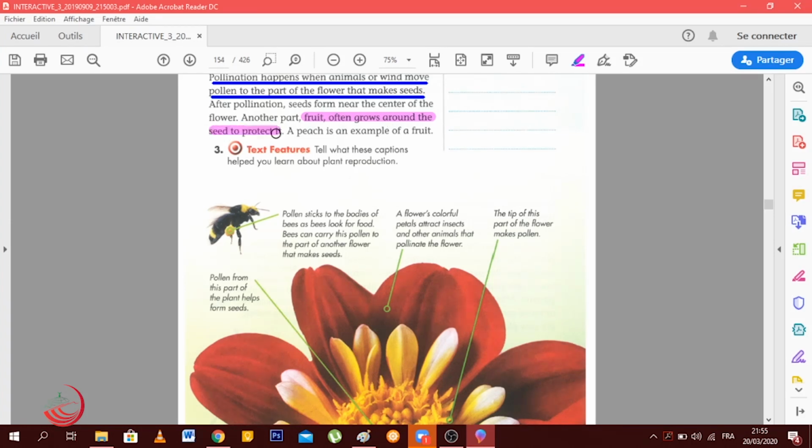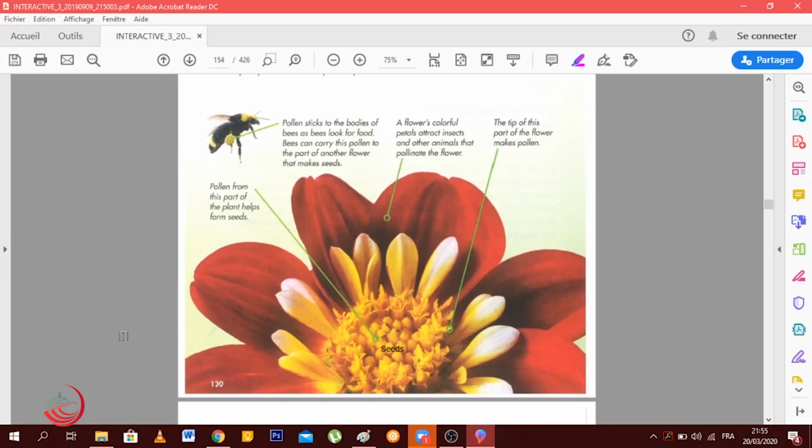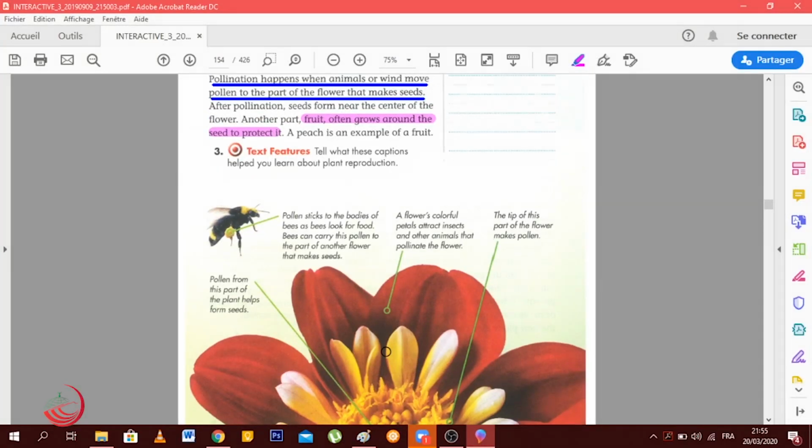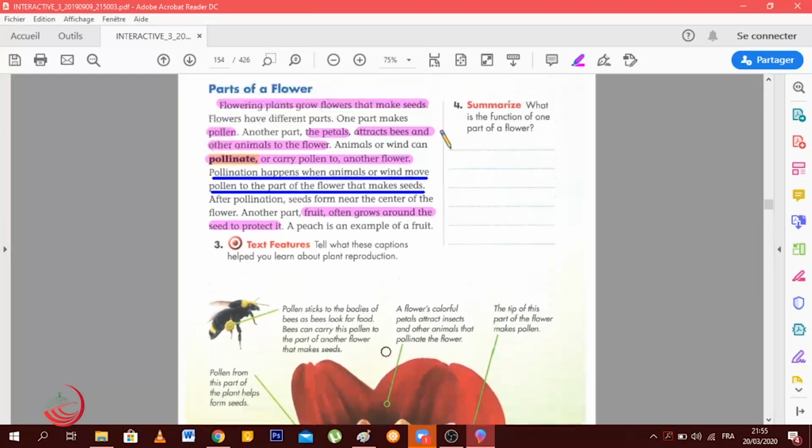So now that the flower already grew seeds, the seeds are growing into fruits. And when a fruit is growing, it's growing around the seed. It's growing around the seeds, so it protects the seeds.